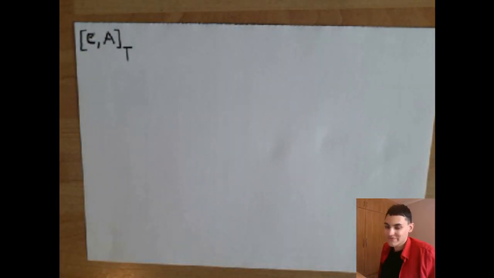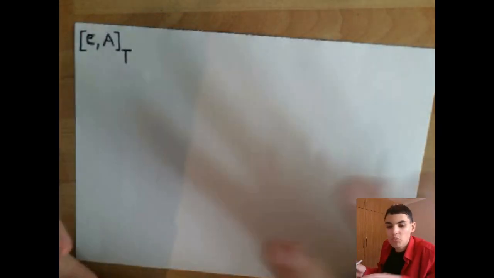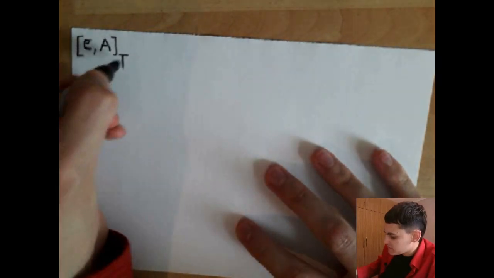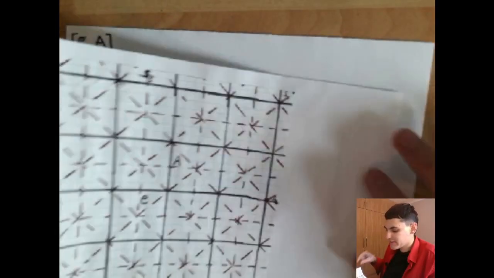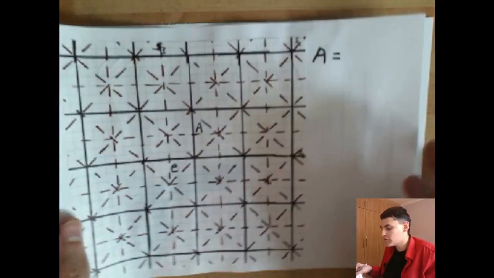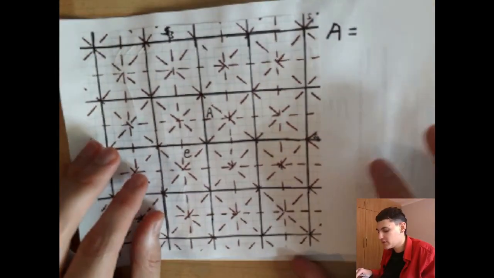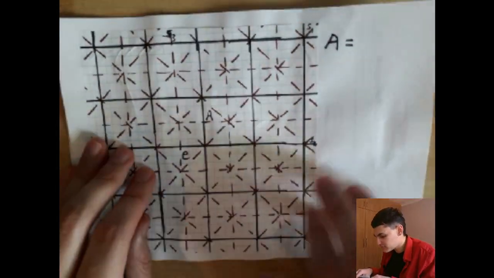Not my fault. But what that means is that all of these dashed lines are generators.